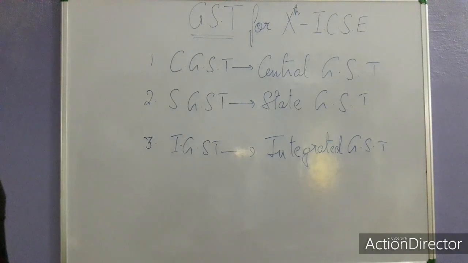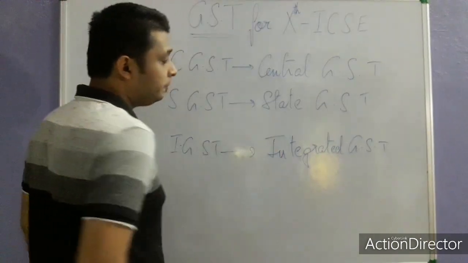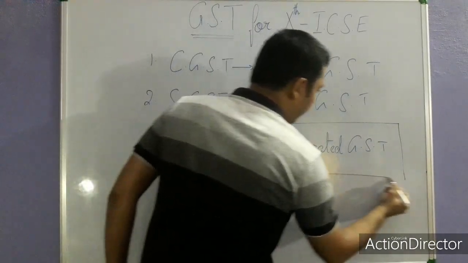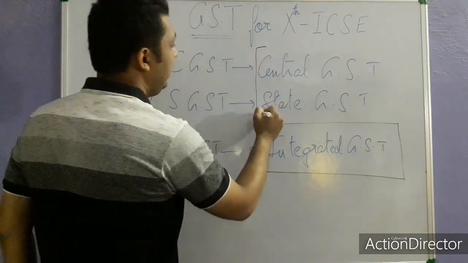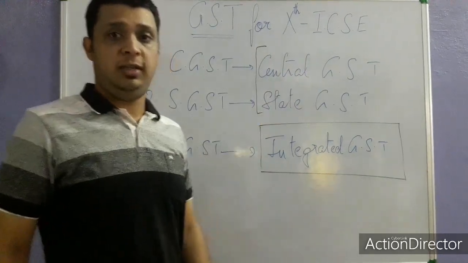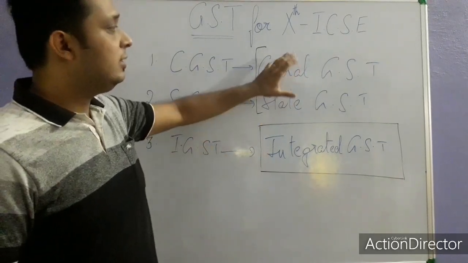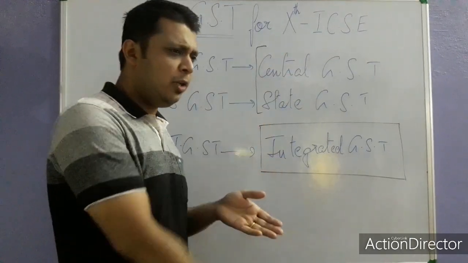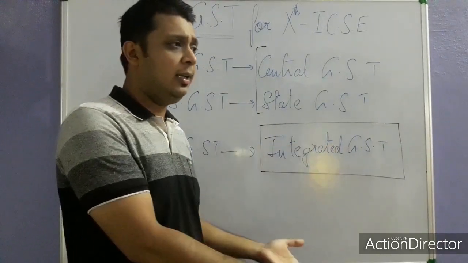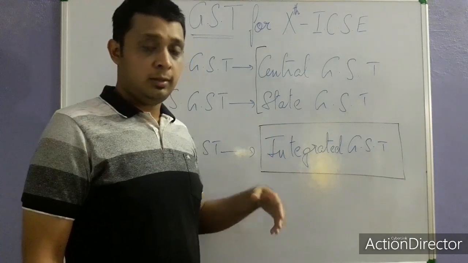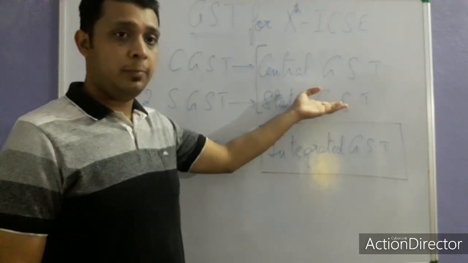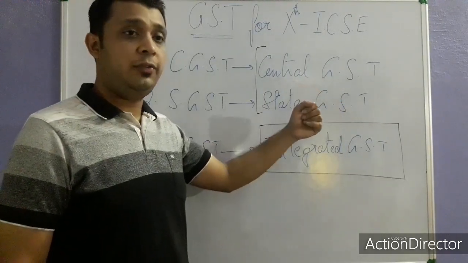Now, there is a specific purpose or important use of integrated GST. It comes into use when there is a conflict, or some issue, between the central and the state government's GST. Clear? So whenever there is a dispute between the manufacturer and the wholesaler, or between the retailer and the consumer, suppose that a consumer is of some different state and the manufacturer is of a different state.